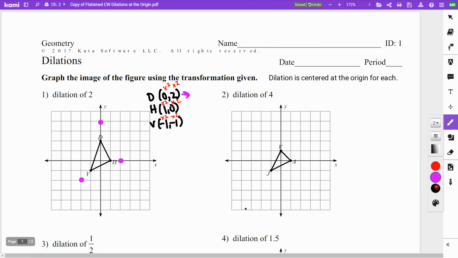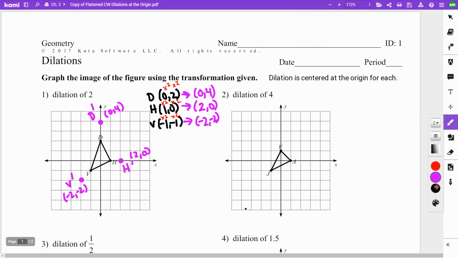So this one is now going to be at 0, 4. This one is now at 2, 0. This one is at -2, -2. If you look at these coordinates, this is at 0, 4, and this is D prime. I need to write the D prime there. This is at 2, 0, and that's my H prime. And my V is at -2, -2, which is my V prime.